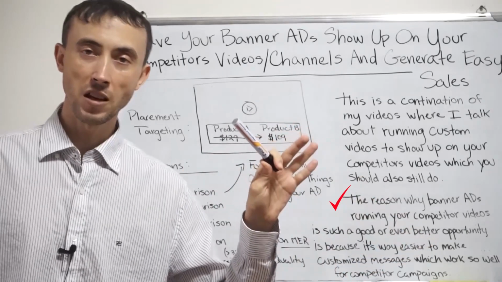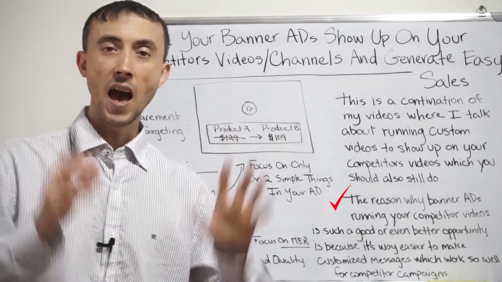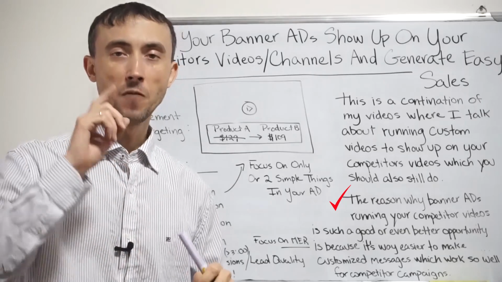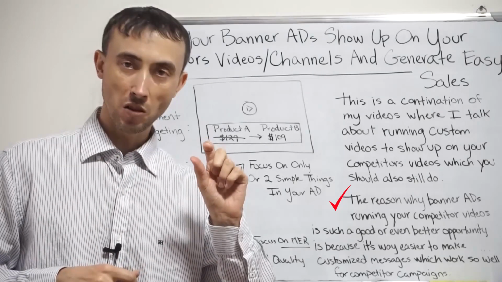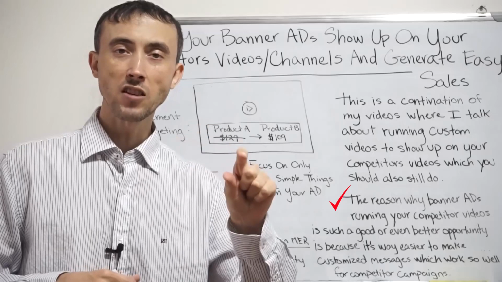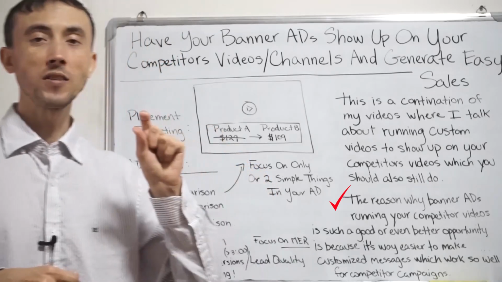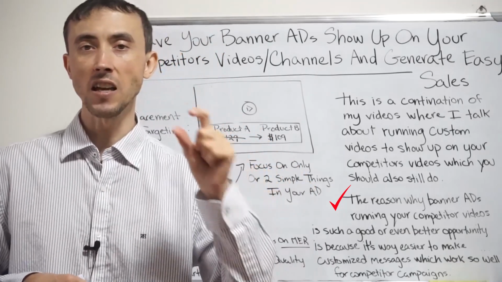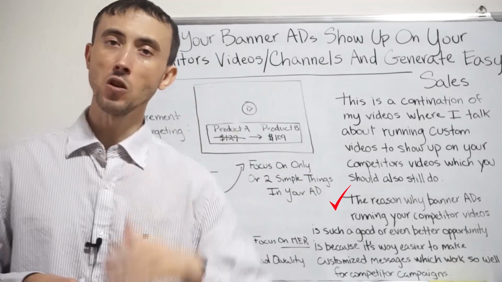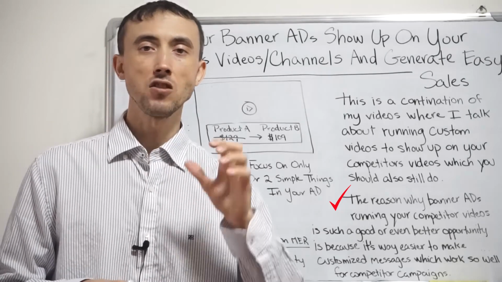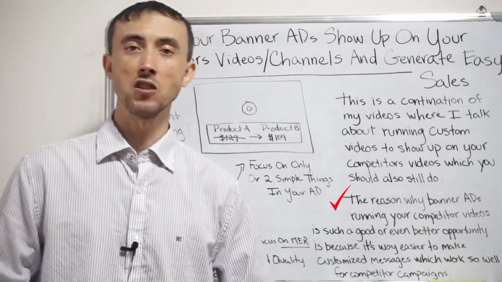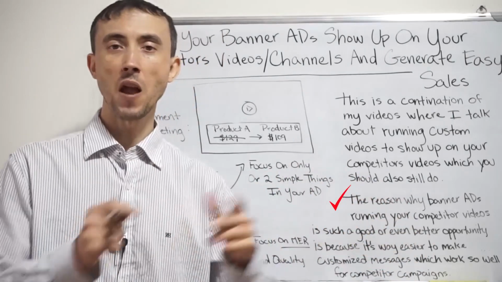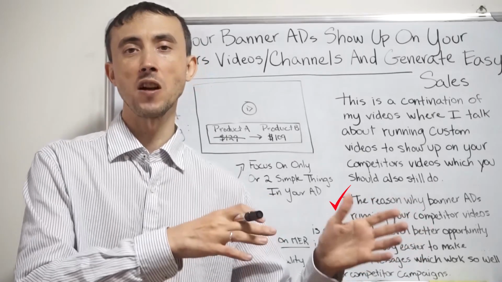So you have a laser targeted ad to convince somebody who's looking at a very specific offer, a very specific product, to talk to them directly on what they're actually going to care about, or what's really going to get under their skin enough to stop exactly what they're doing, i.e. watching that video, and get over to your site, your landing page, which really should be a dedicated landing page that explains more why your offer is better than that person's offer that they were considering by watching the video.